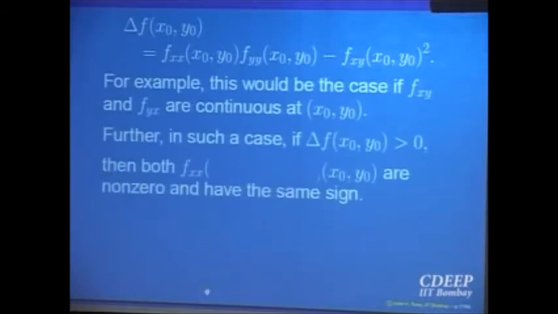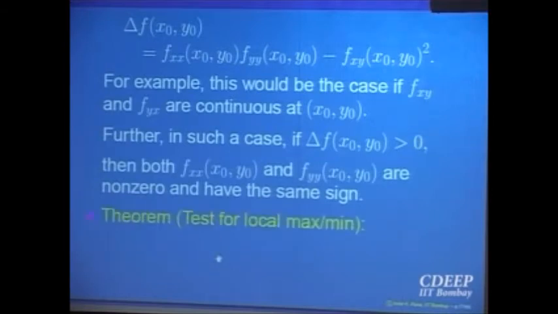Why should they have the same sign? I wanted somebody to ask. Now let us put an extra condition. Not only is it not 0, it is actually positive. Now you will never forget, right?